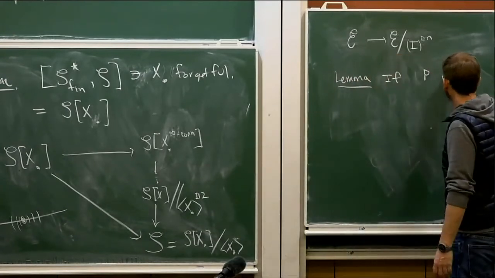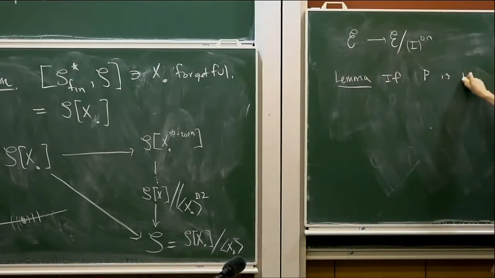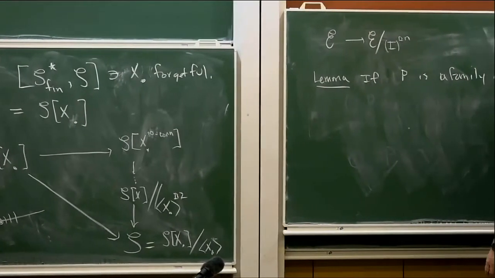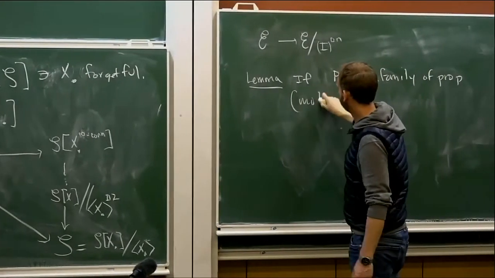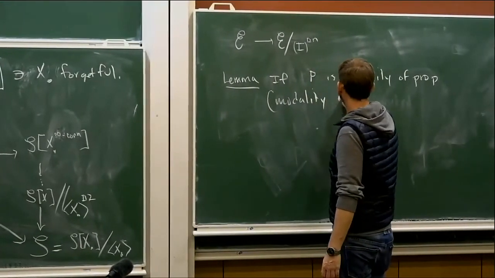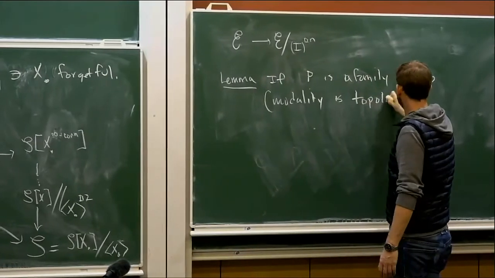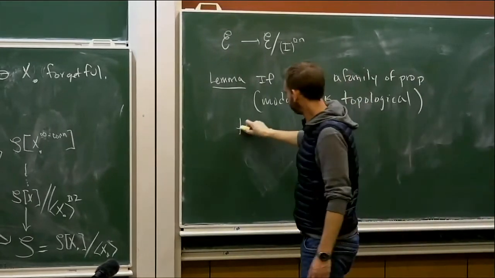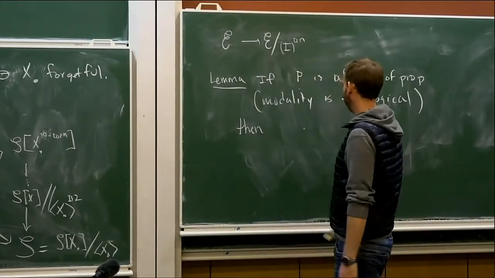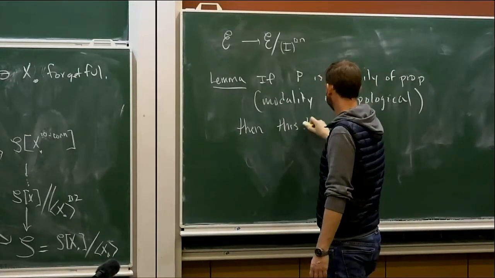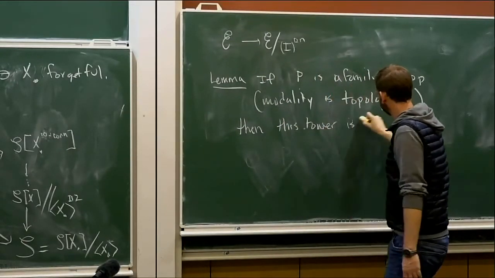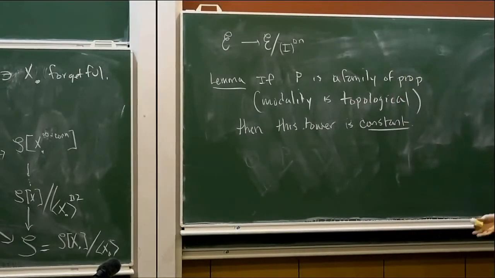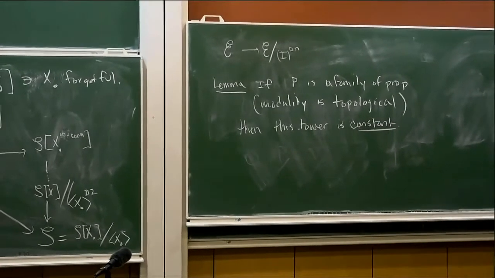If P, I'm going back to my sort of type theory notation, if P is a family of propositions, so that the modality is what people call tautological, then this tower is constant.